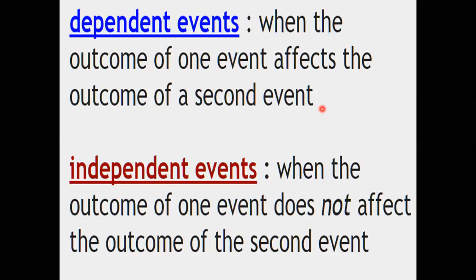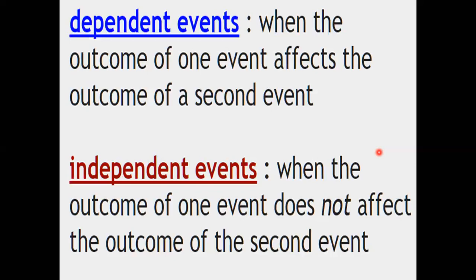In other words, that is without replacement. While independent events talk about events such as those where you make a selection and then you replace the item that was initially selected so that the sample space does not change. The sample space remains the same and the probability of selecting a particular item remains the same.